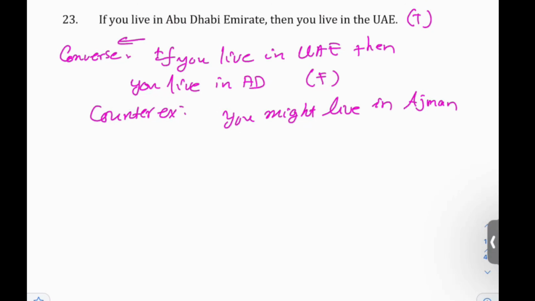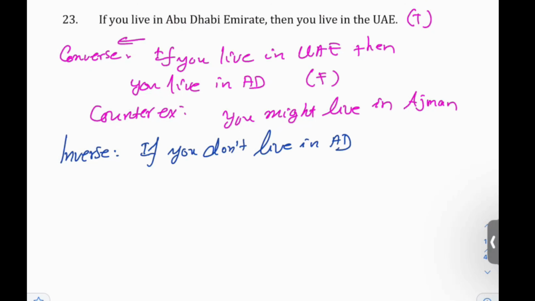Now, this is the converse. Now, this is the inverse. If you don't live in Abu Dhabi, then you don't live in UAE.